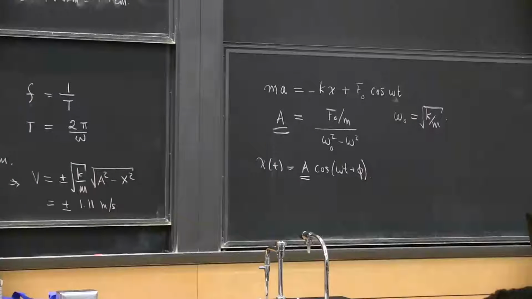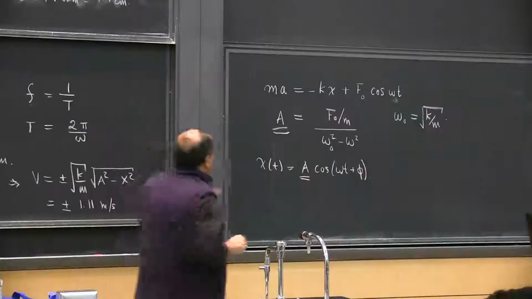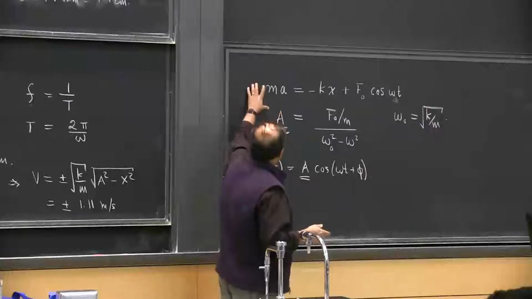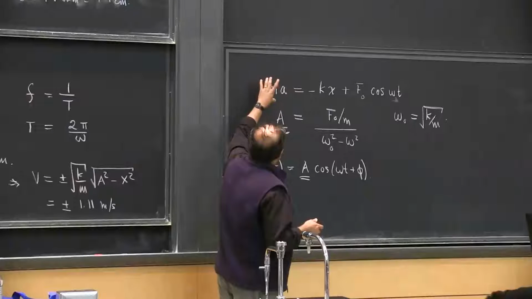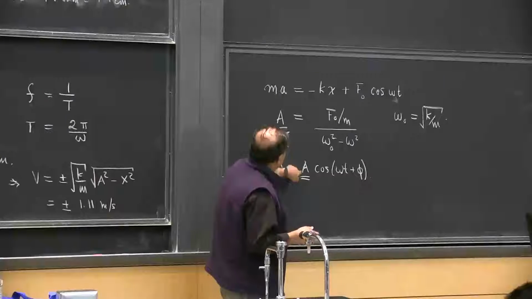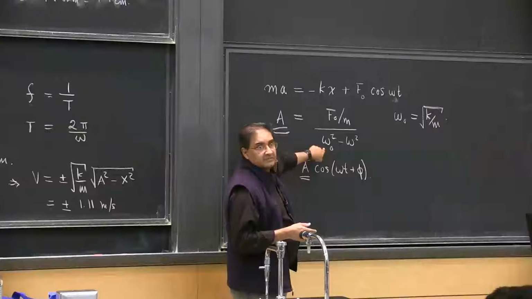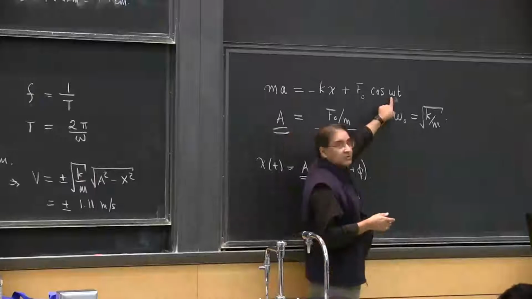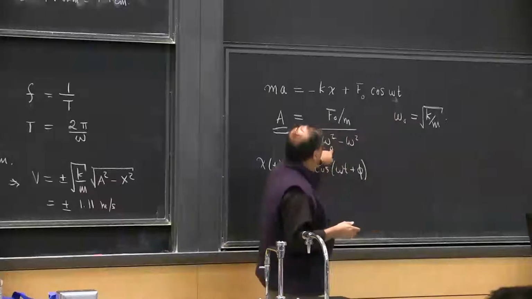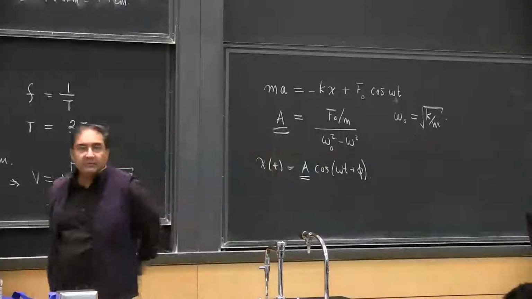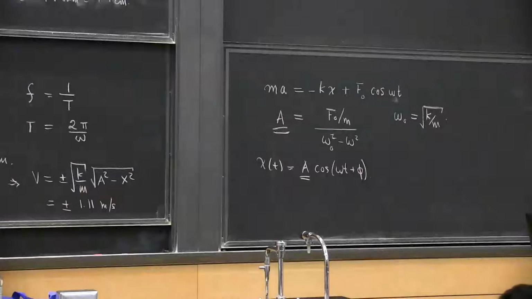What I'm trying to argue is that if you could solve this problem, which you obviously can't because it's not trivial to go from here to here, you would see that the expression for the amplitude turns out to be like this. What does it mean? It means that the moment this driving frequency omega hits omega 0, the natural frequency, A will become f0 over m divided by almost zero.